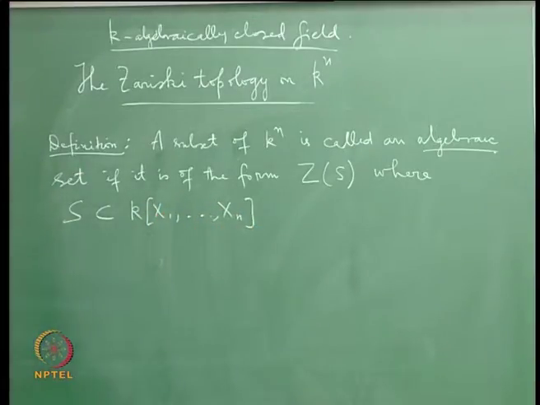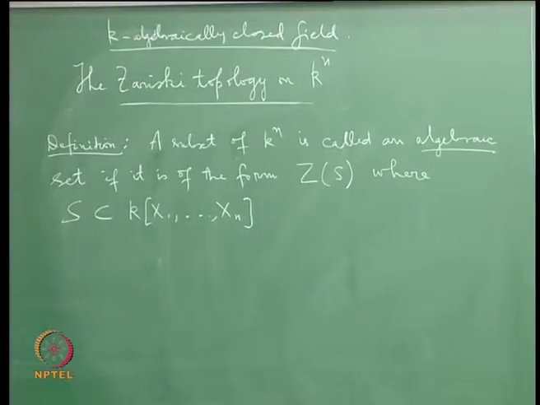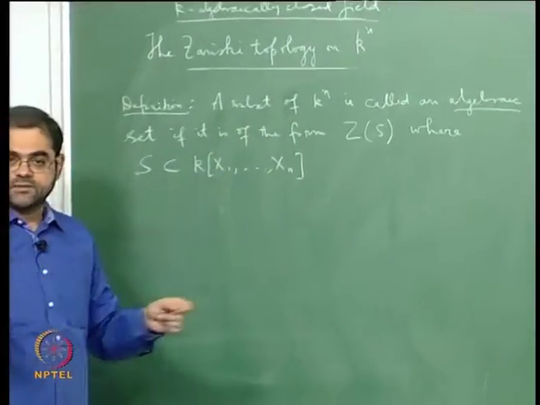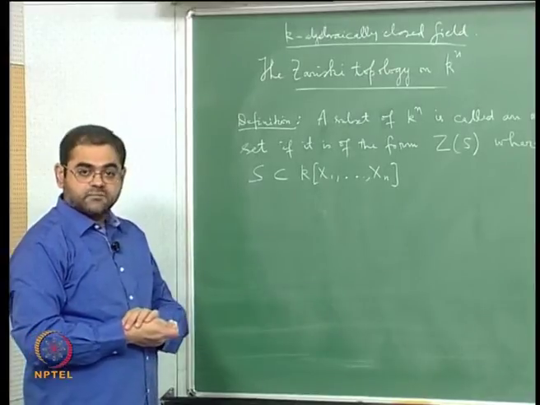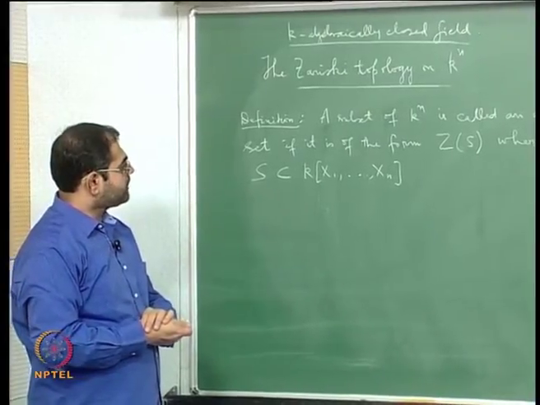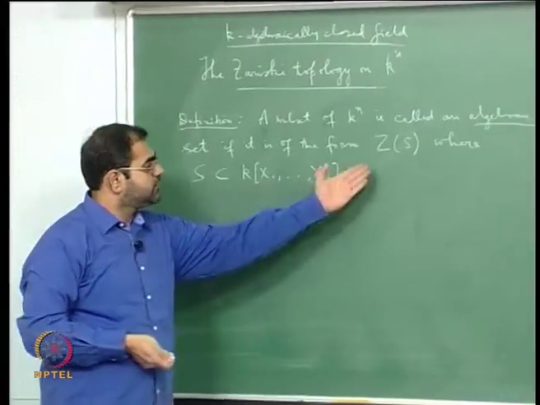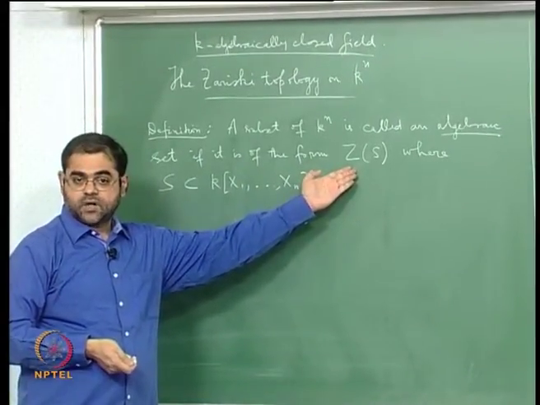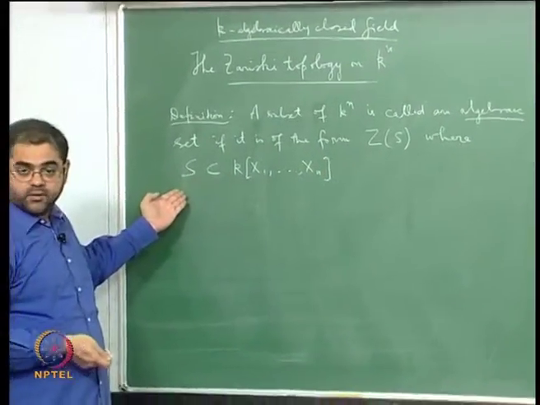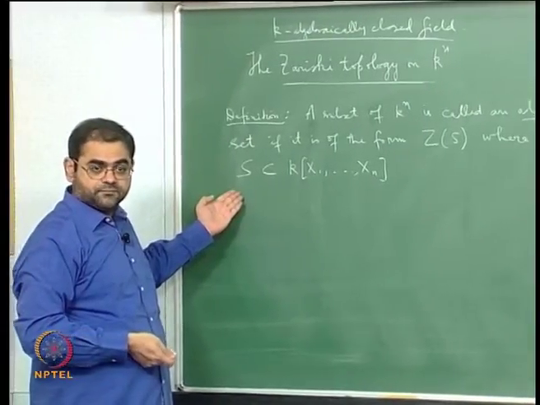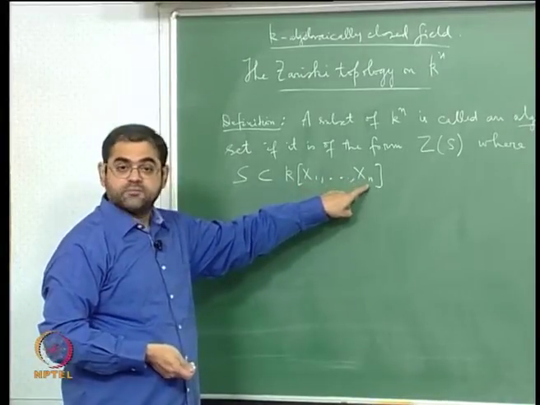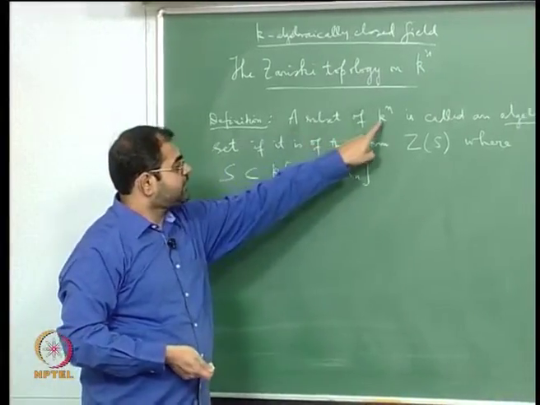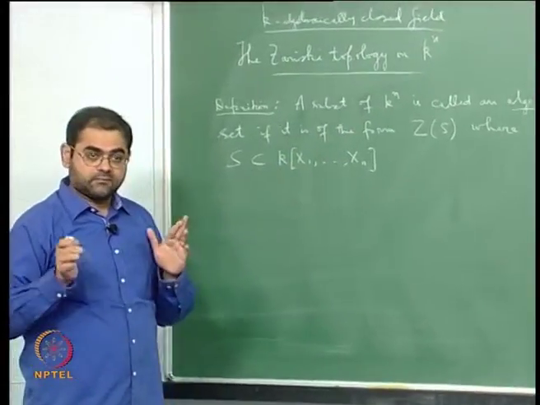Okay, so look at the definition. What it says is that an algebraic subset of K^n, which is the Cartesian product of K with itself n times, is nothing but the locus of common zeros of a certain collection of polynomials, a subset of the polynomial ring with the same number of variables as the number of copies of K you are starting with.